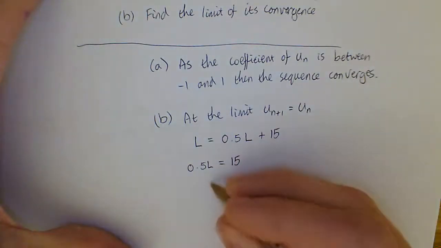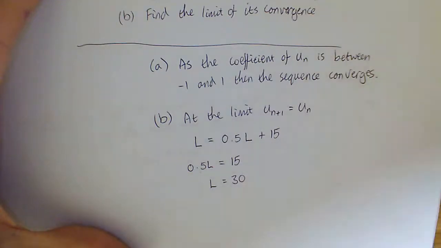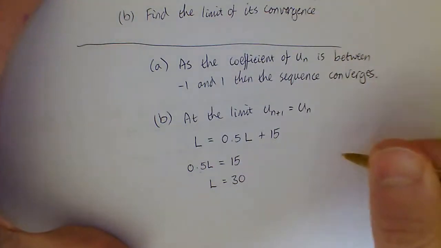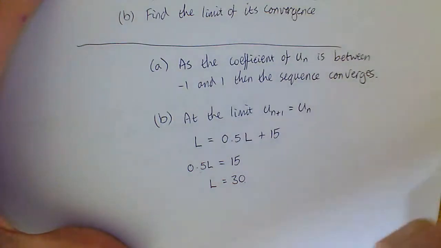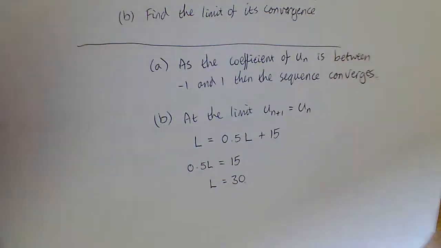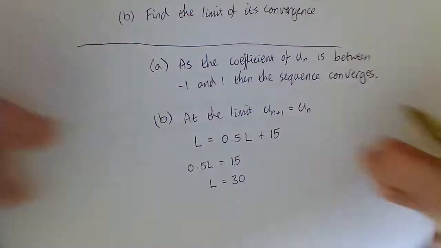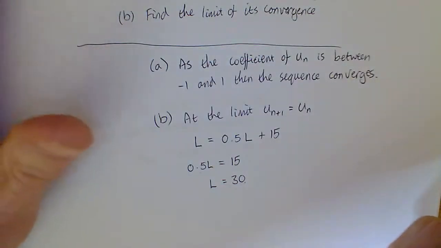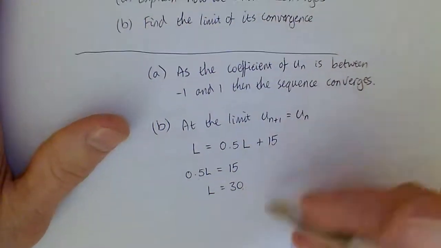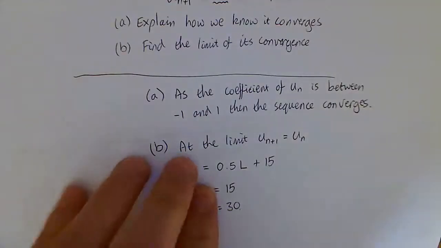And then we divide by 0.5. 15 divided by 0.5 is 30. So our limit would appear to be 30, which confirms what we saw with the Excel sheet. All our terms were getting closer and closer to 30. And this little trick is a really neat way to find that.